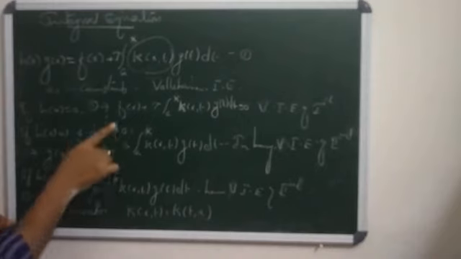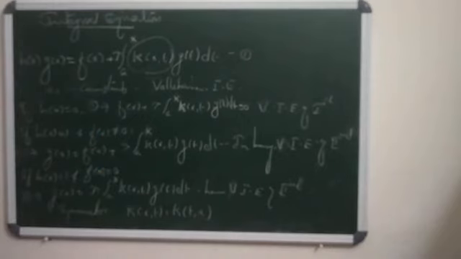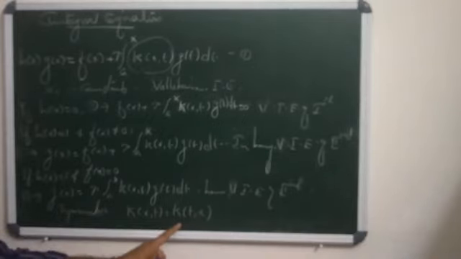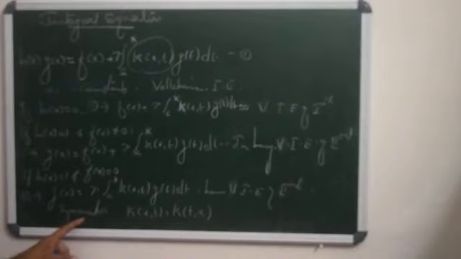A kernel is a separable kernel or a degenerate kernel if it can be expressed as a sum of a finite number of terms, that is, k(x,t) equals the sum from i equals 1 to n of a_i(x) b_i(t). An integral equation with a symmetric kernel is said to be a symmetric integral equation. Okay.